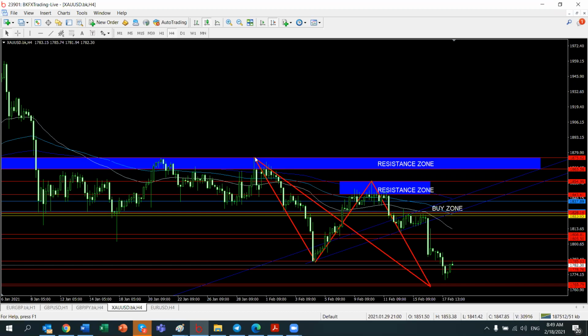So it started with an ABCD pattern, and it's been doing really well. Because we have laid out all the support resistance zones really well, the better we are at laying this out, the better your confirmation that price couldn't go up so much anyway, right? I've mentioned that in the videos as well.